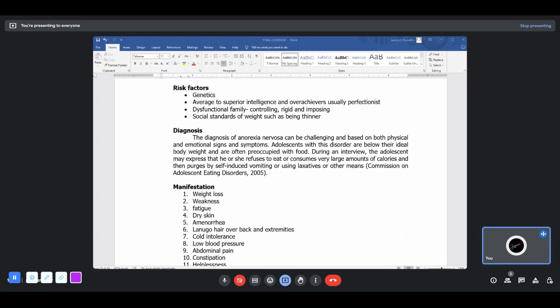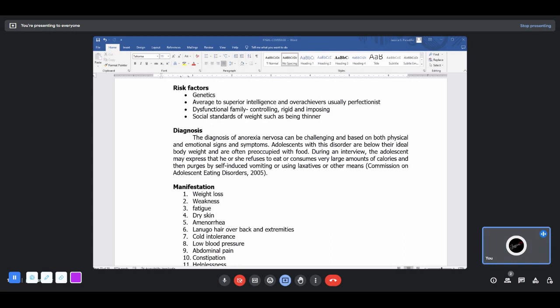During an interview, the adolescent may express that he or she refuses to eat or consumes very large amounts of calories and then purges by self-induced vomiting. So, ilalabas na yan, magpa-purge siya para magsuka. And, or using a laxative, yung mga pampatae, or the other means, kung ano pa yung gagawin nilang way para matanggal yung mga kinain nila.